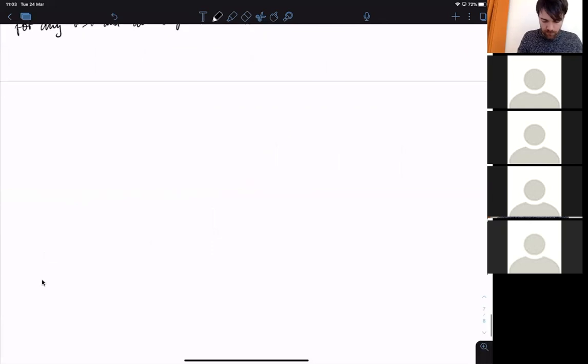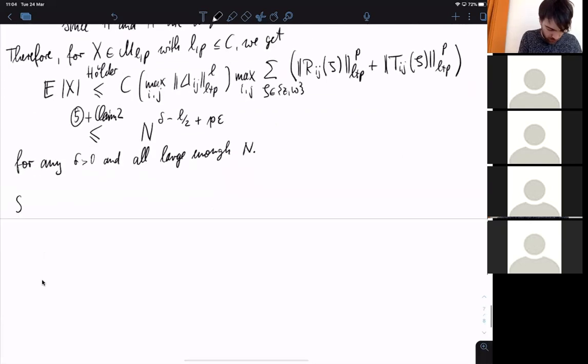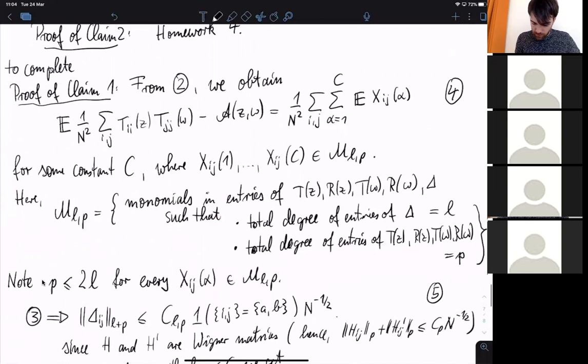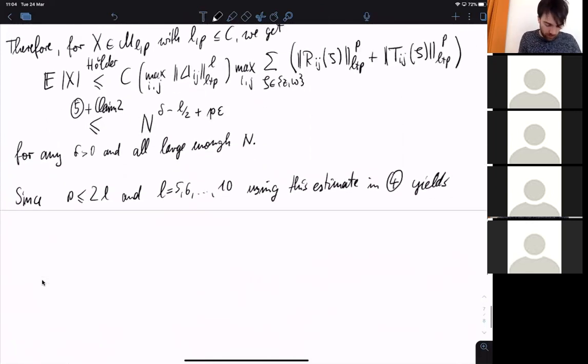So I want to use this, and now we use that P is smaller than 2L, and L runs from 5 up to 10. Then we plug this estimate into 4, which was the expansion with the xi's. So this was this equation here. Maybe I should not write it too many times, but it's not so easy to avoid.